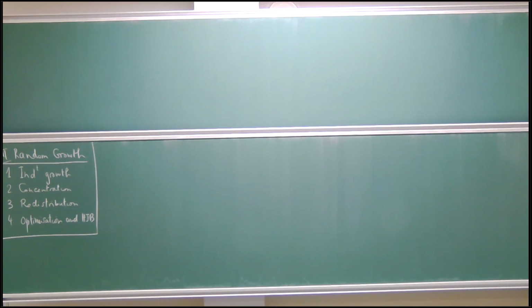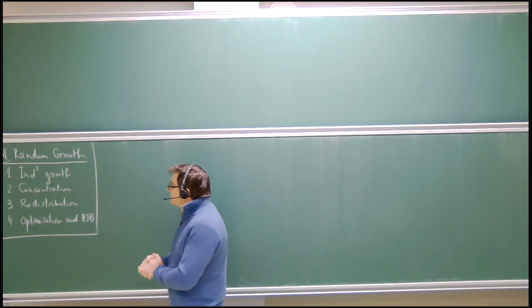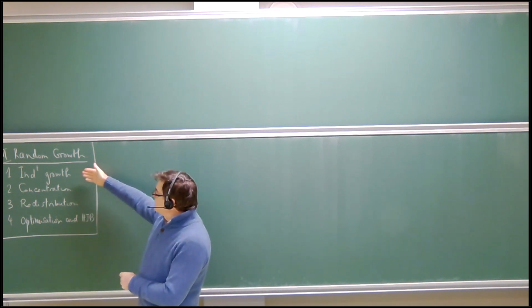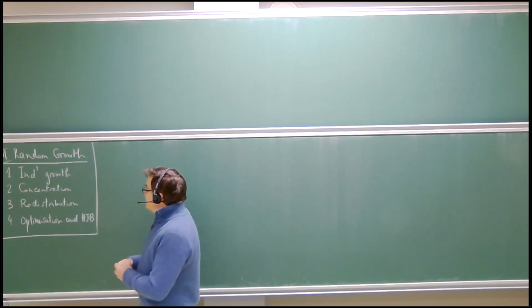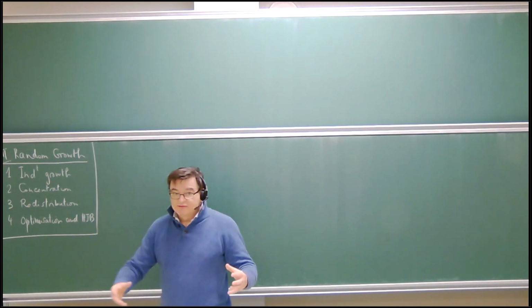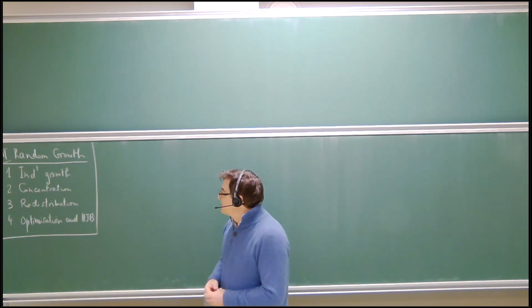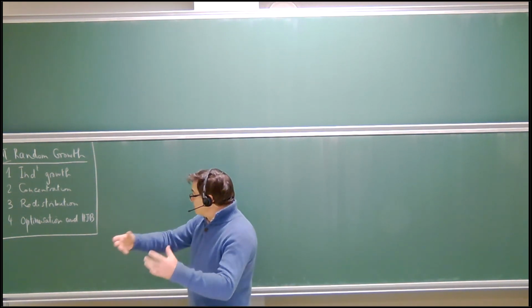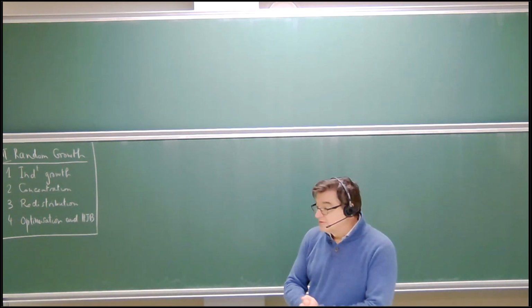Okay, so it's 9:02, so let's slowly get started. So I talked about random multiplicative growth, and I'm going to continue talking about this today. So I told you about independent growth, objects growing independently from one another. Nothing much happens except that if you're looking at a system of a large number of non-interacting growing objects, then I told you that there's this interesting concentration transition.